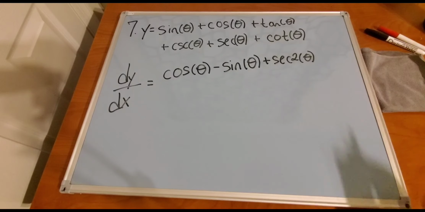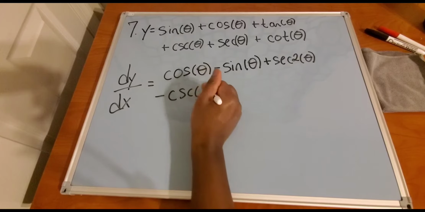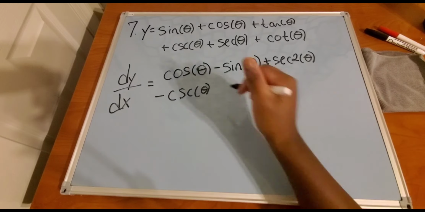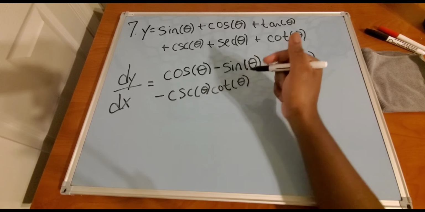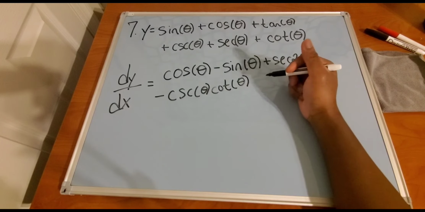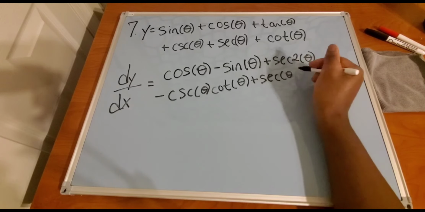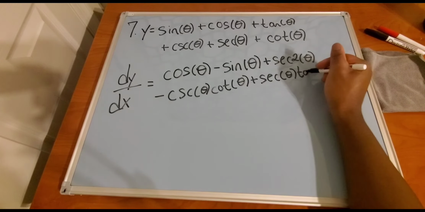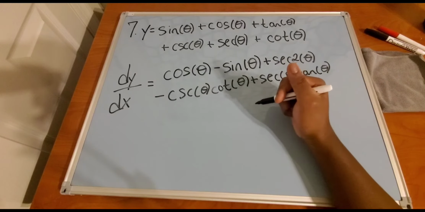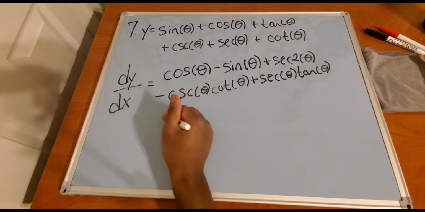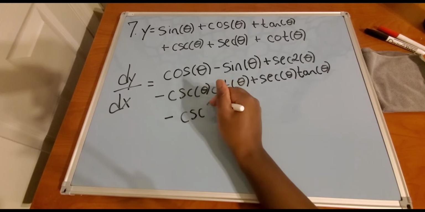The derivative of cosecant of theta is negative cosecant theta cotangent theta. The derivative of secant of theta is positive secant theta tangent theta. And lastly, the derivative of cotangent of theta is negative cosecant squared of theta.